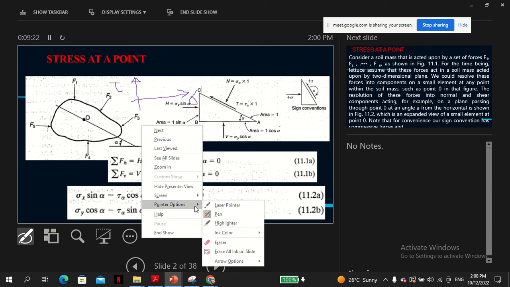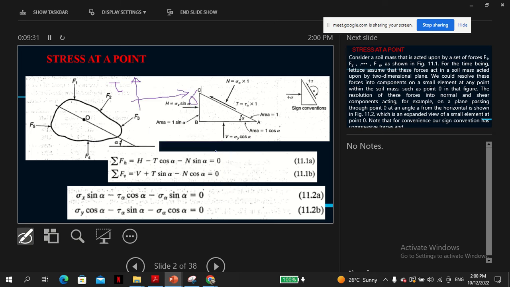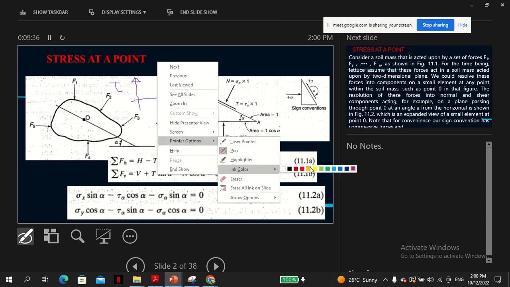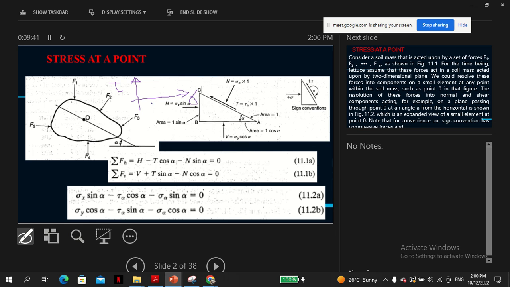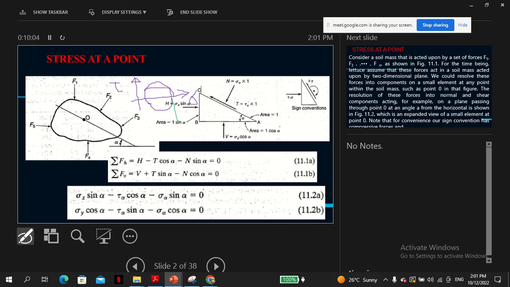Let me change the color. Okay, I hope you understand that. Usually it's a nice symmetrical circle.